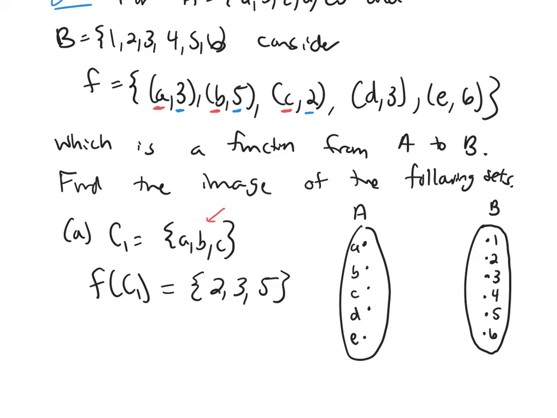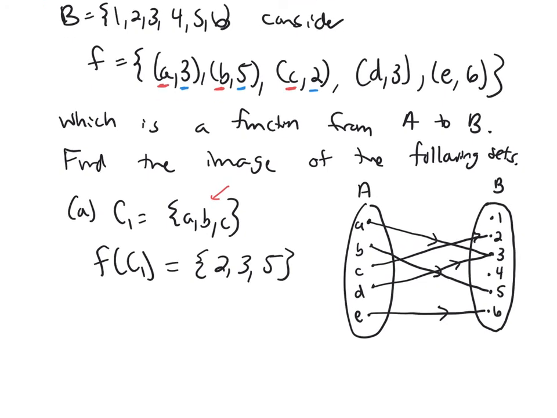There's an arrow from a to 3, from b to 5, from c to 2, from d to 3, and from e to 6.